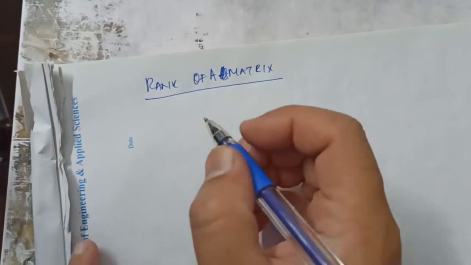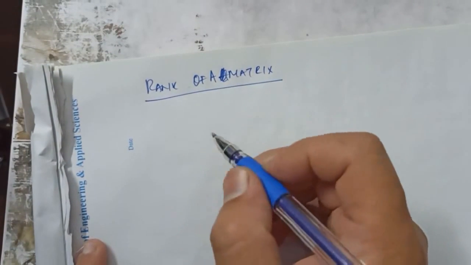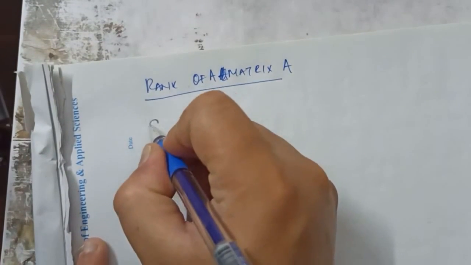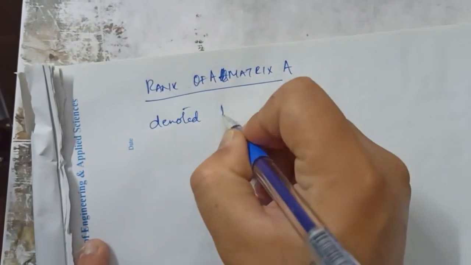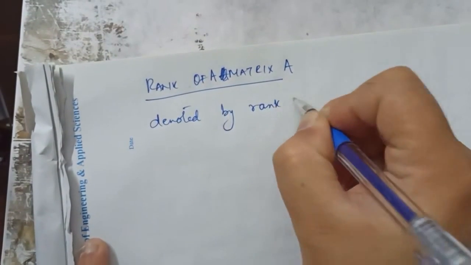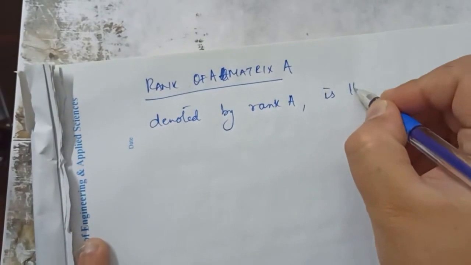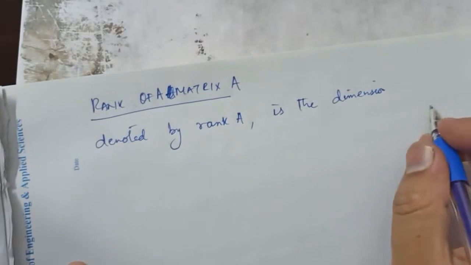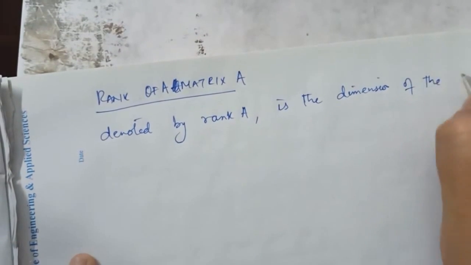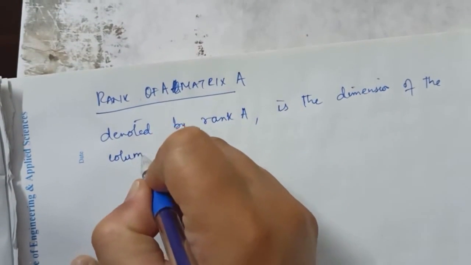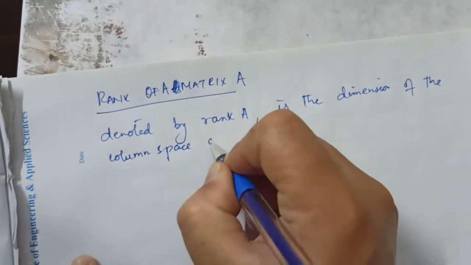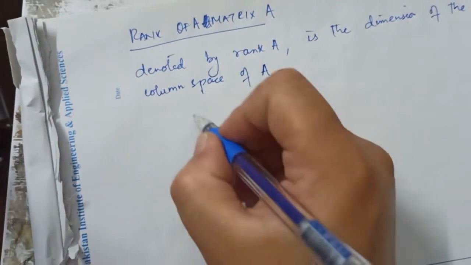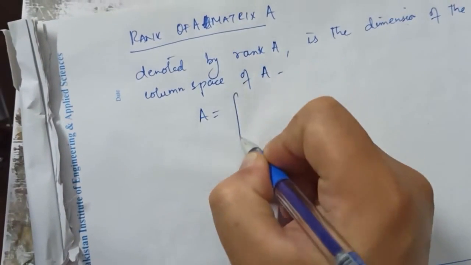The rank of a matrix A, denoted rank A, is the dimension of the column space of A.